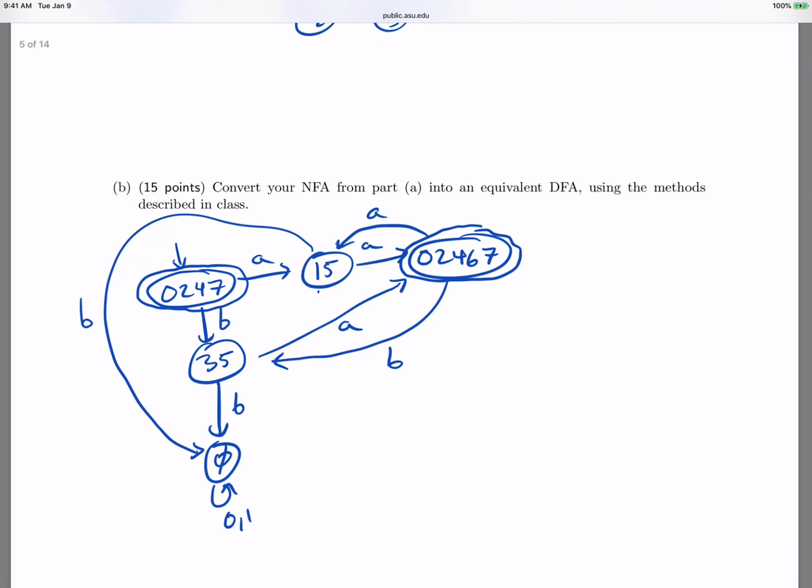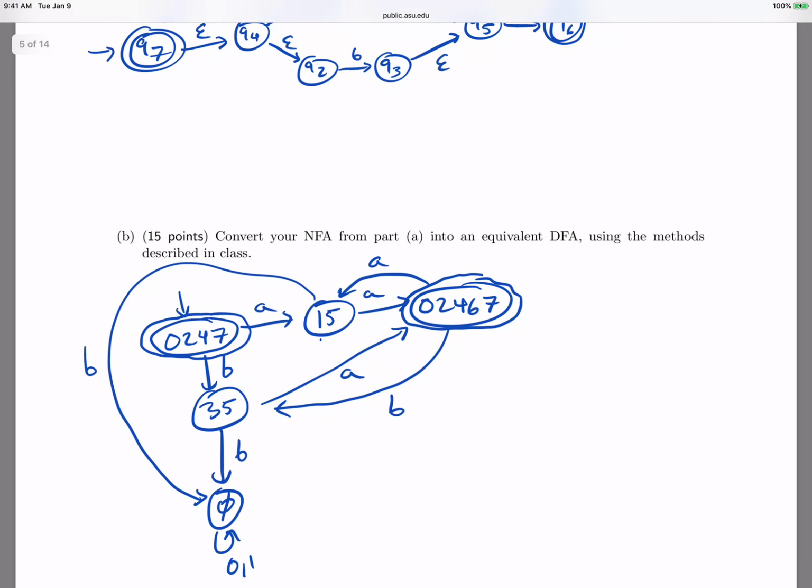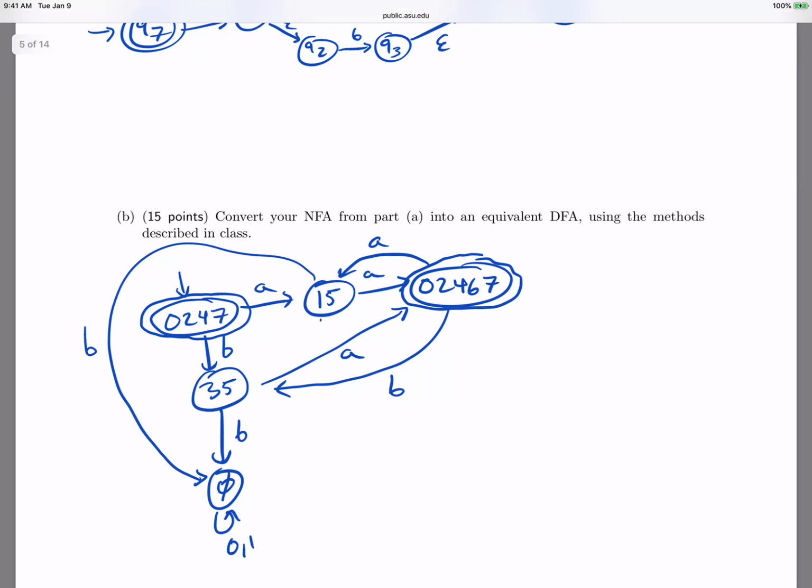I'll fix that. But yeah, we have a dead state down there. And if you actually look at how you actually get there, it corresponds to either the B being the having odd index if you index from 0, or you have a BB somewhere, which is the same thing. Any questions on part B?